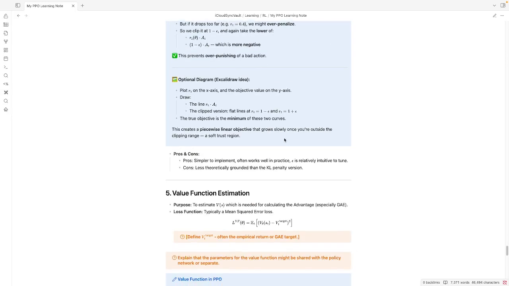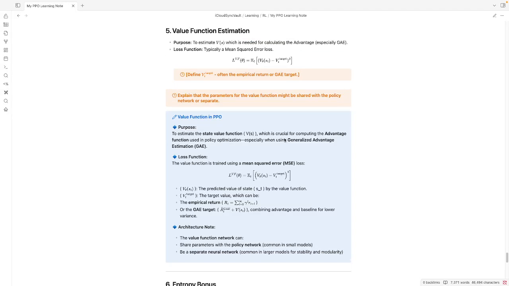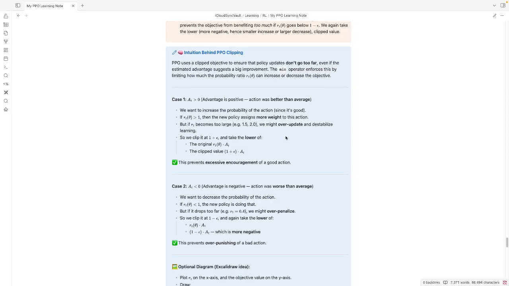So these are the major ideas behind PPO.